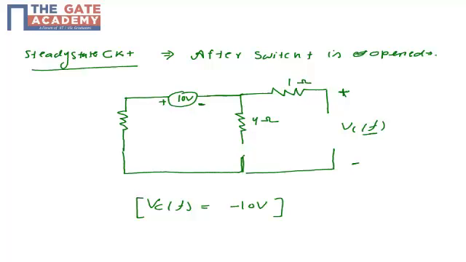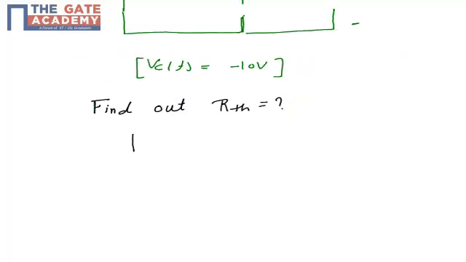Okay, so let's find out the RTH, or equivalent resistance, of the circuit. For RTH, the Thevenin equivalent resistance, we will short circuit the voltage source.